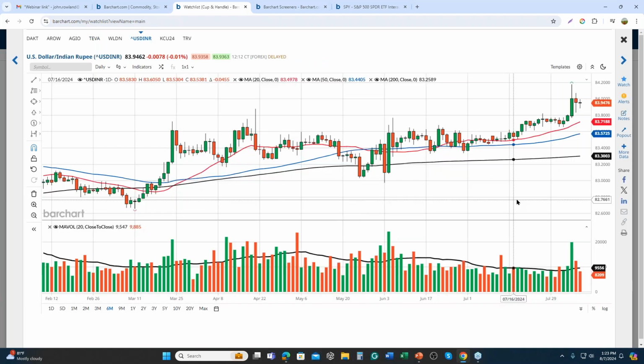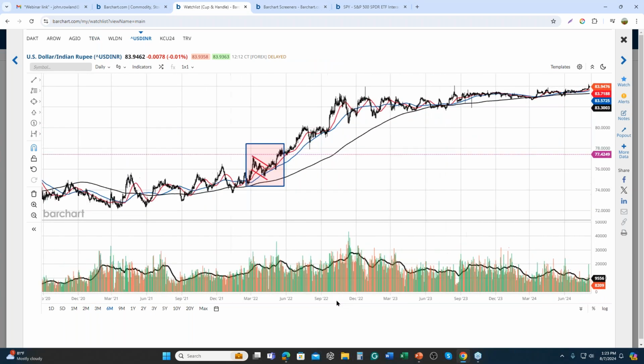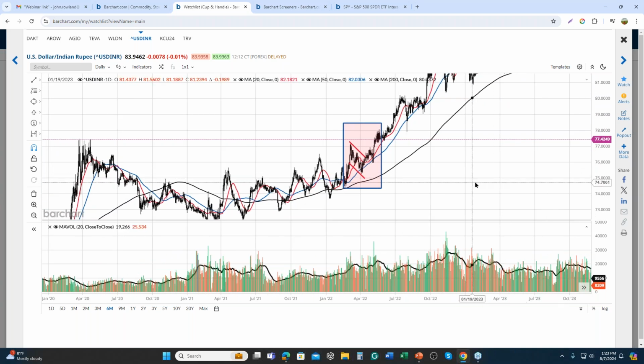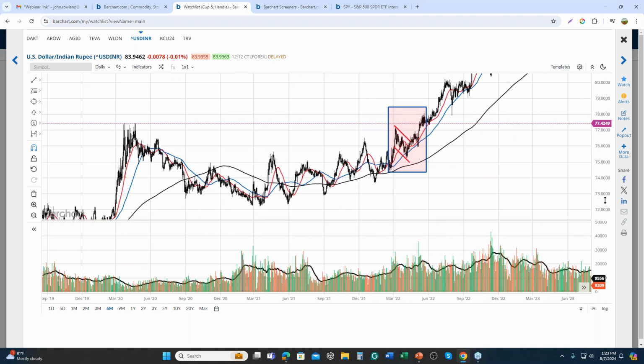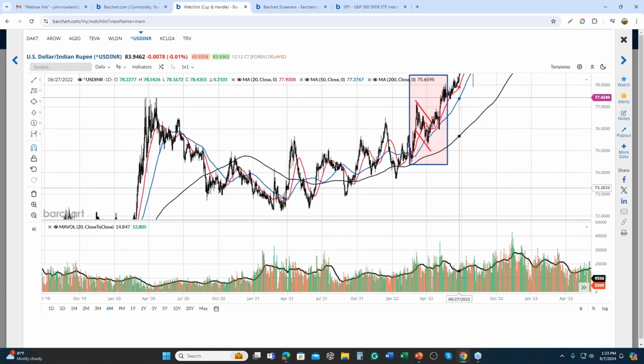Now, I don't do a lot of Forex in a lot of our examples, but I do like Forex when we talk about cup and handle patterns, because they take so long to develop, especially on these higher time frames. Here is the US dollar versus the Indian rupee, and we're talking about a structure that took almost 2 years to develop.